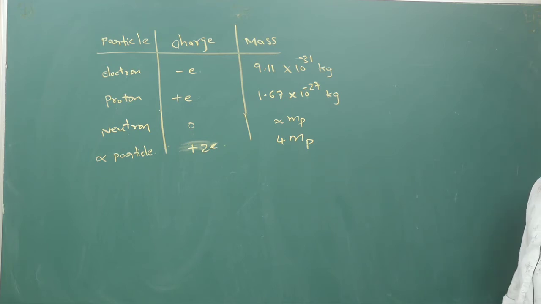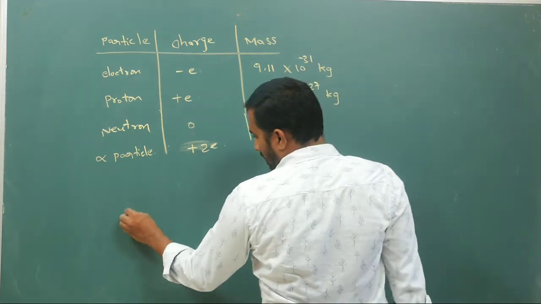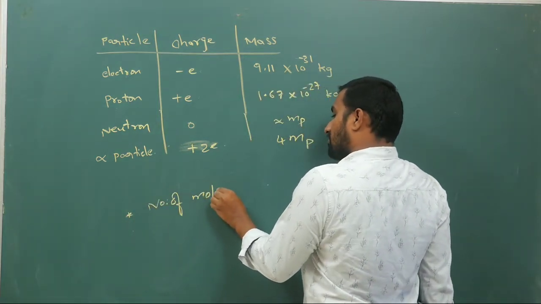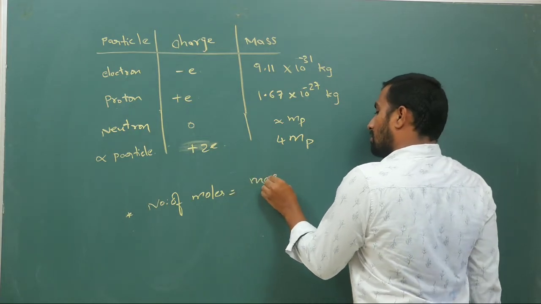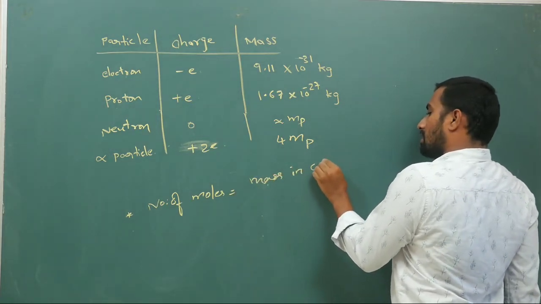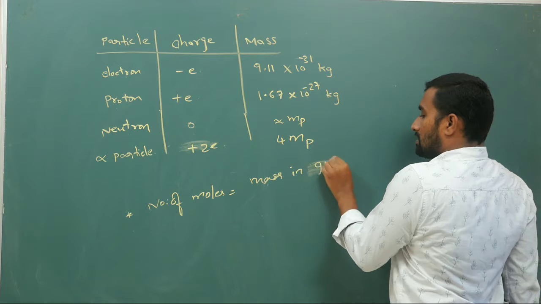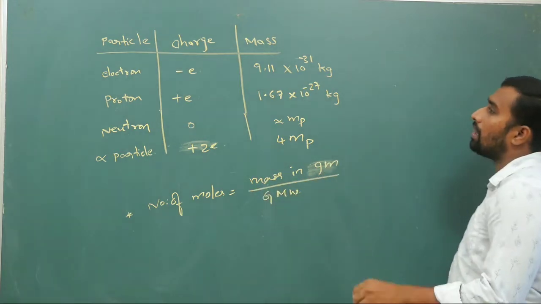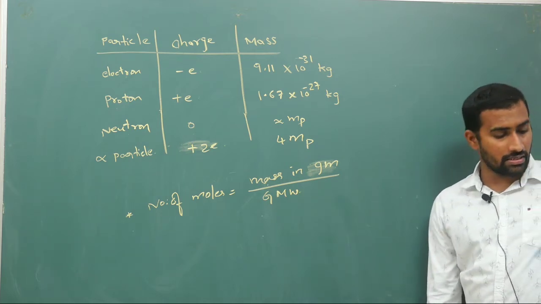Another important formula: the number of moles is given by mass in grams by gram molecular weight. How this is all related, I will tell you.